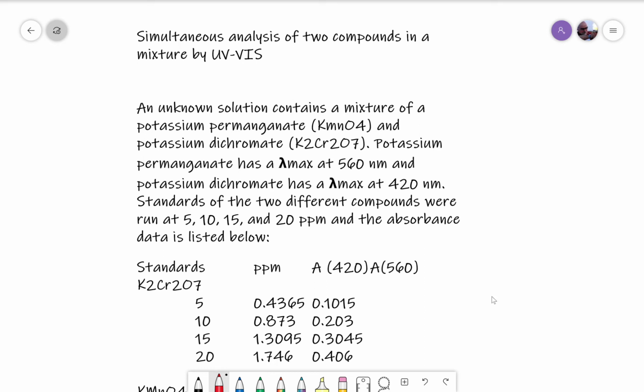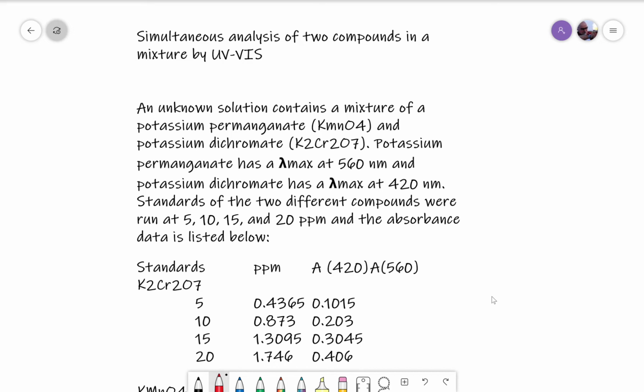Let's proceed on solving the problem of simultaneous analysis of two compounds in a mixture by UV-Vis using Beer-Lambert. In this particular problem, we have an unknown solution that contains a mixture of both potassium permanganate and potassium dichromate.